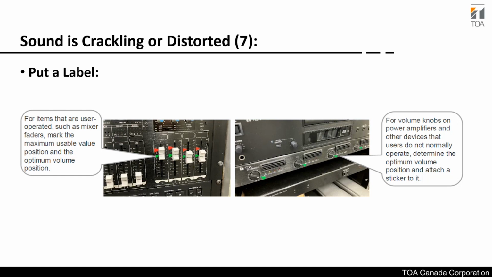And also the green marks on the amplifier will be the proper setting. And usually there's no need for the customer to crank it up or down. So that might be worth mentioning to the customer. This is not supposed to be adjusted.